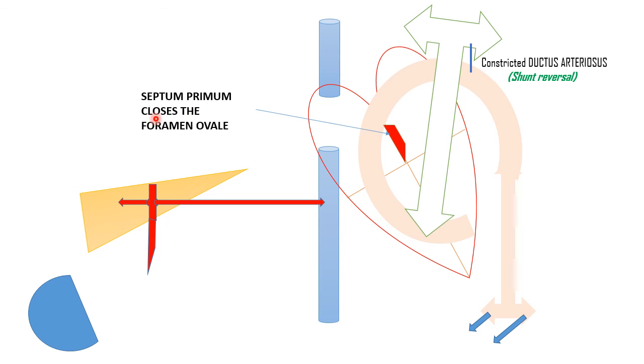The septum primum closes the foramen ovale. This is due to the reversal of shunt from the left atrium, because it gets higher pressure, because the lungs are working, and the pulmonary veins which come from the lungs supply blood into the left atrium, so the pressure increases, which forces the septum primum to close the foramen ovale.